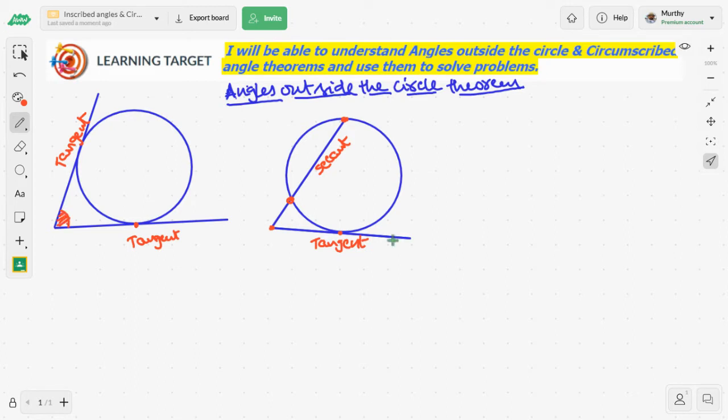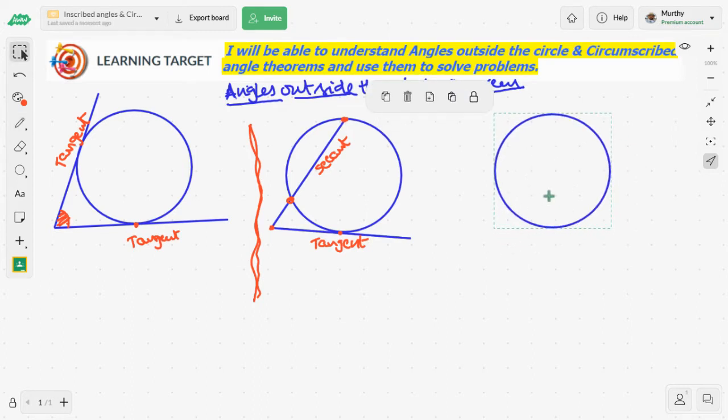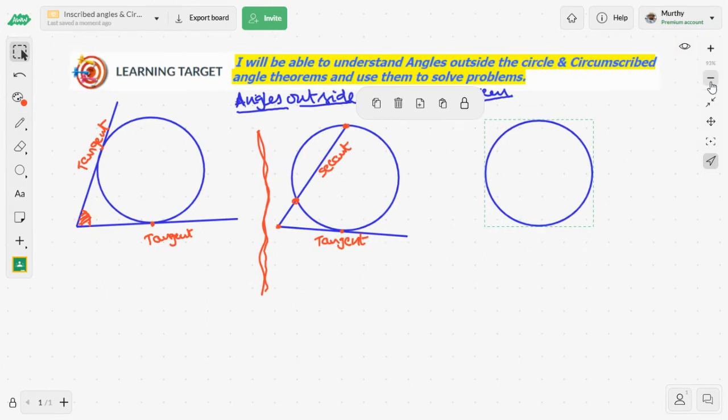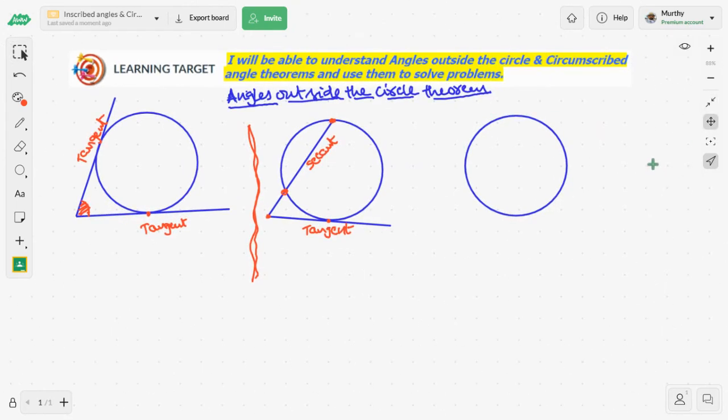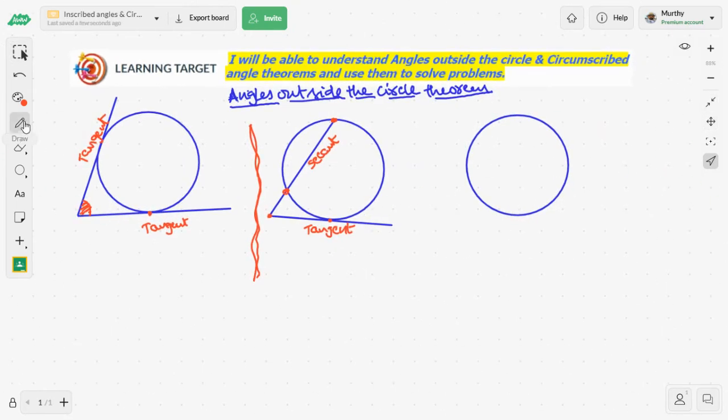And in case two, a circle is taken with a tangent and a secant. Please remember secant means a line segment intersecting a circle at 2 points. And next, case 3 is, let me draw another circle. This time I'm going to take two secants.